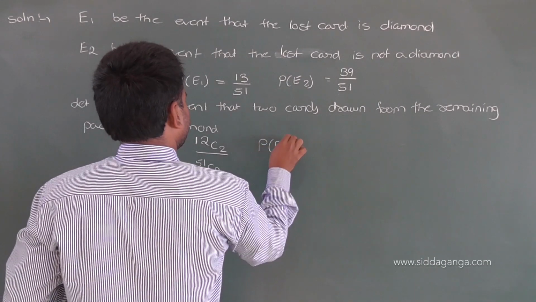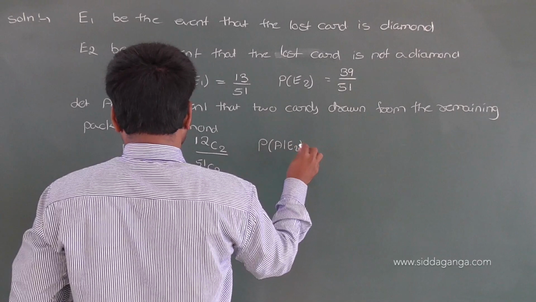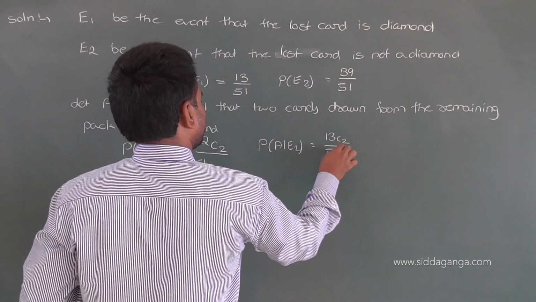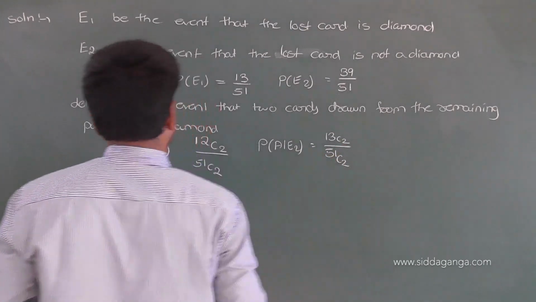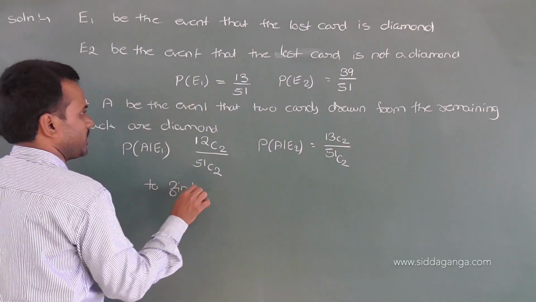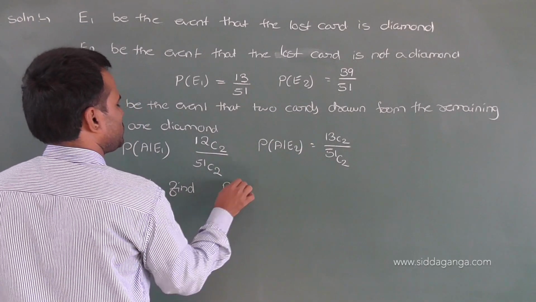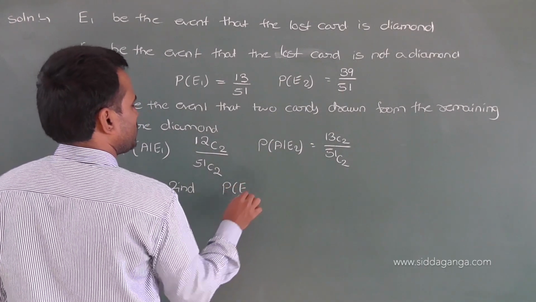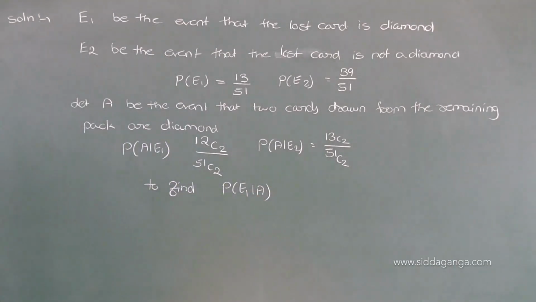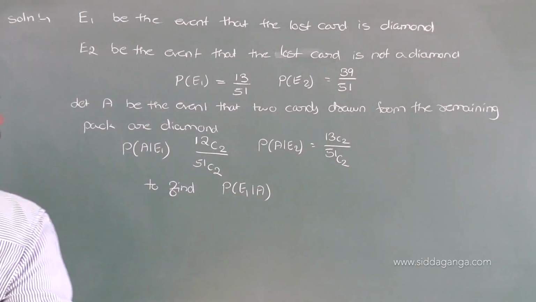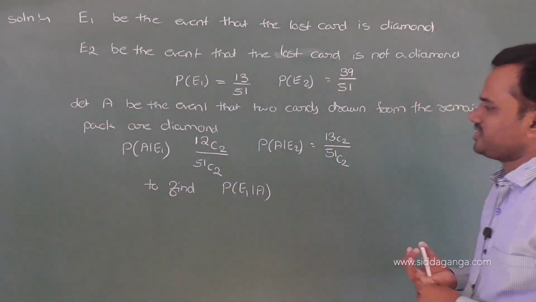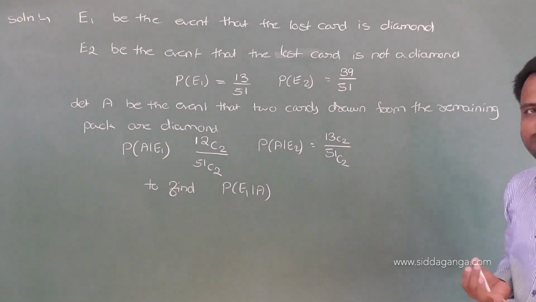Probability of A given E2 is 13C2 divided by 51C2. So to find probability of E1 given A.